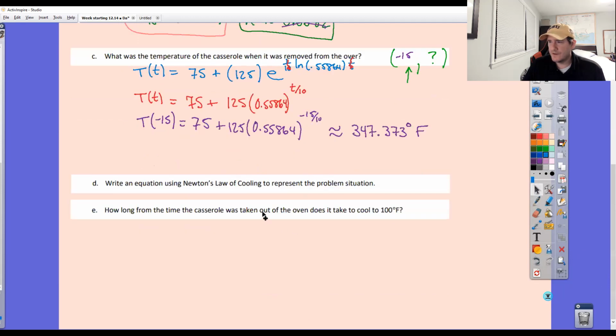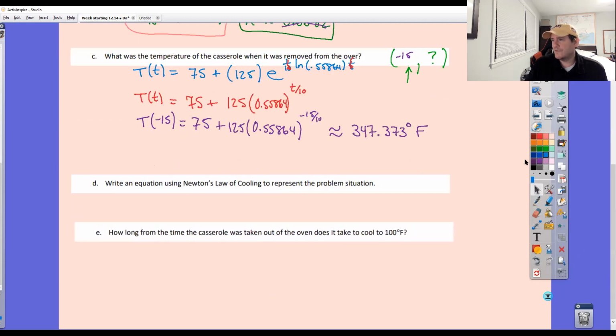I'm going to stick with it. Done. It's up here. There's nothing wrong with this equation right here, as long as you remember that this does not contain the correct initial time. Everything here has been shifted 15 minutes backward in time.